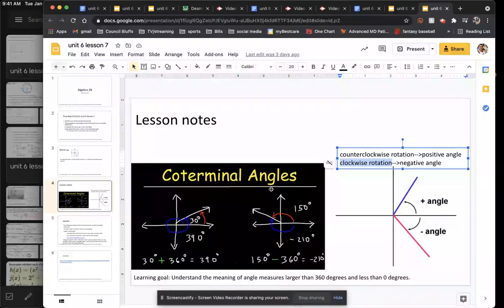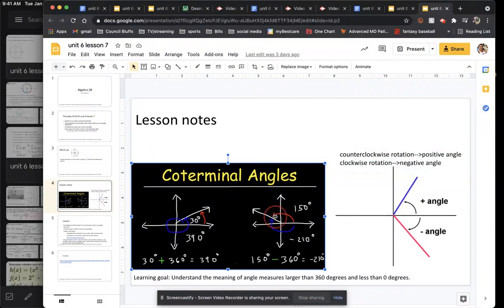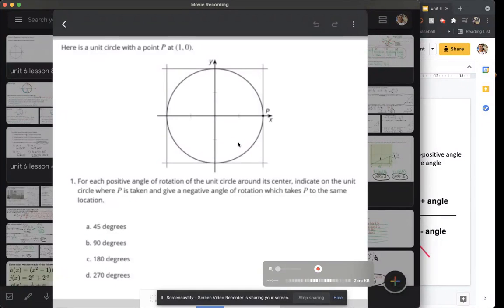All right, so in this particular example here, I could rotate counterclockwise 150 degrees and get an angle of positive 150, or I could rotate clockwise in the negative direction 210 degrees and get an angle of rotation of negative 210 degrees. Okay. Basically, to sum up the lesson notes, if you want to find a coterminal angle, you can either add or subtract 360. So with that in mind, let's take a look at the examples.